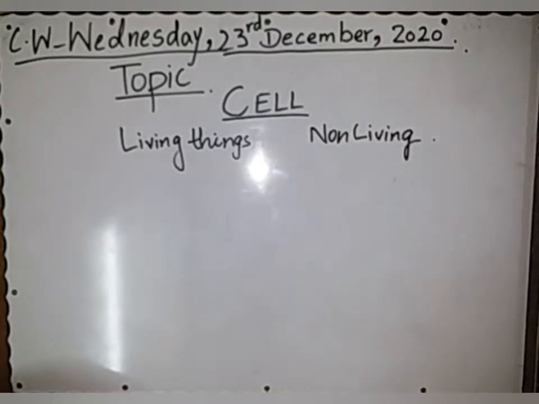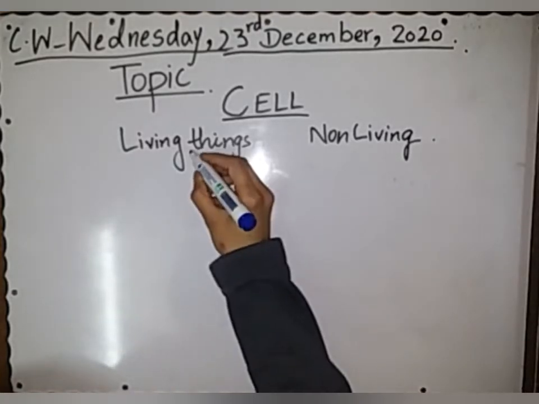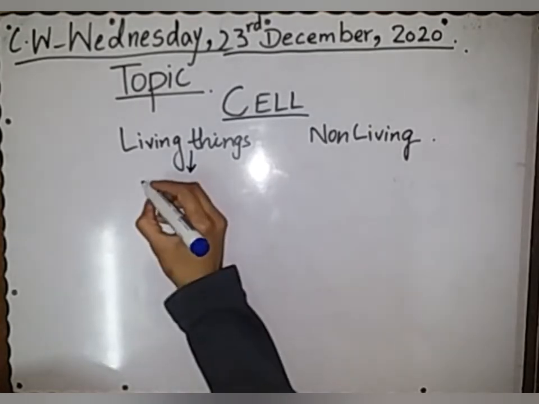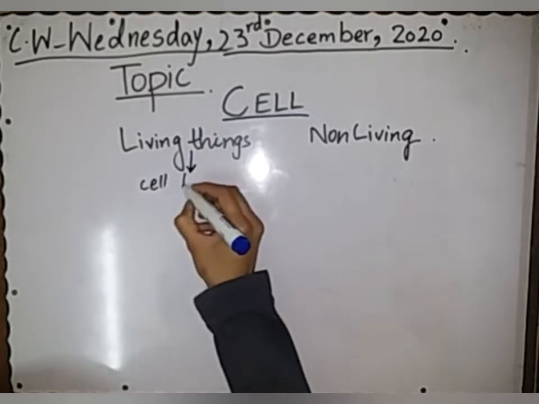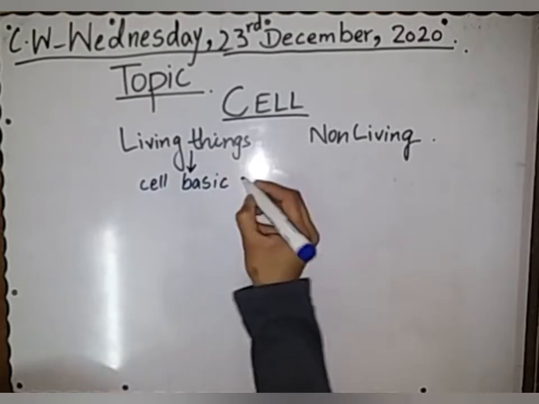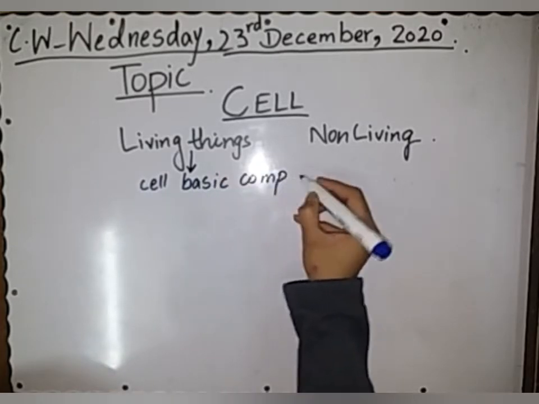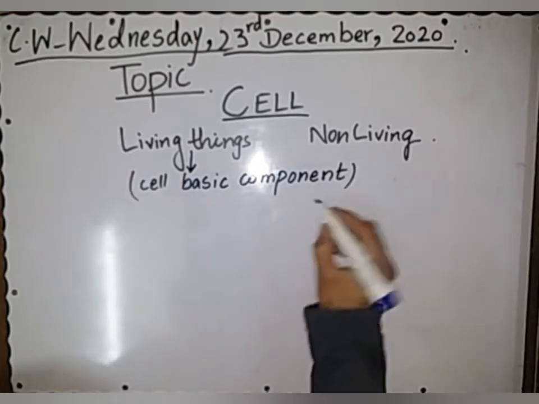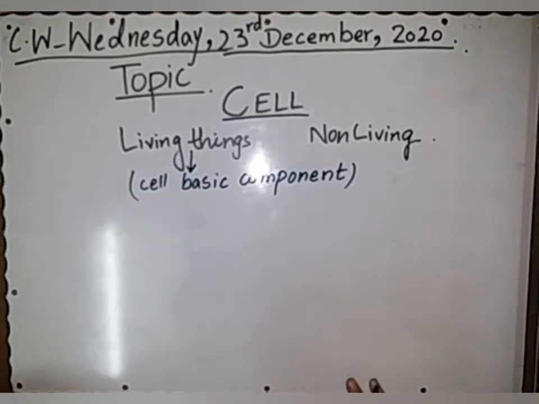Students, living and non-living things are present in our environment. Cell is the basic component of all living things. In living organisms, cell is present. Without the existence of cell, life cannot exist.